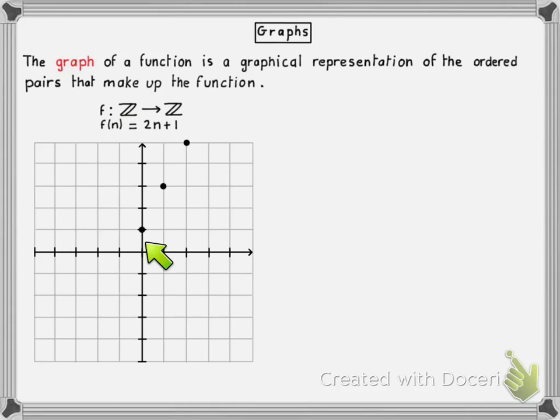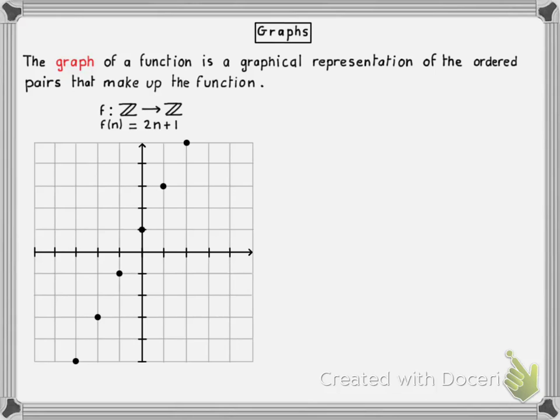So starting from 0 going to the left, we get minus 1. 2 times minus 1 plus 1 is minus 2, plus 1 is minus 1, and minus 1 is 1 down vertically. So the next point in the graph of the function is here. And so on and so forth. I'll let you finish the graph.